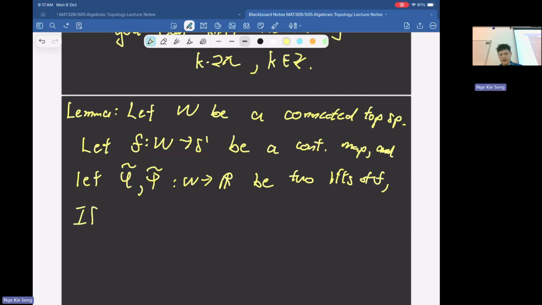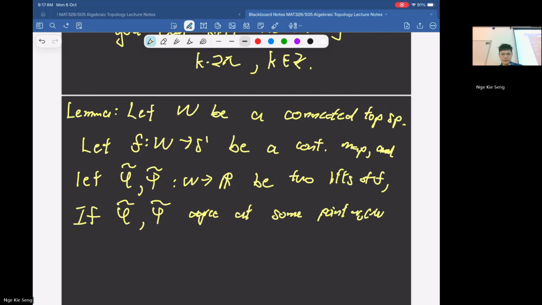Okay. And then the claim is if these two lifts agree at some point in the domain, then actually they have to agree everywhere. Okay, this is kind of neat. As long as they are the same at some point, they should be the same.